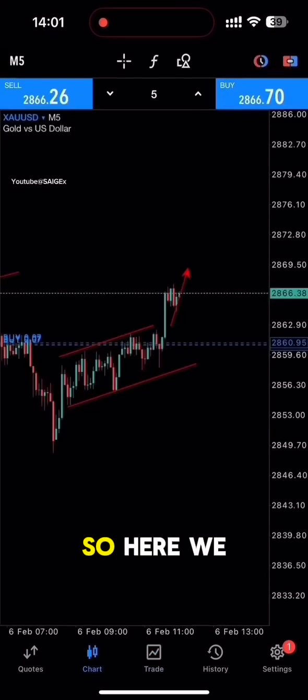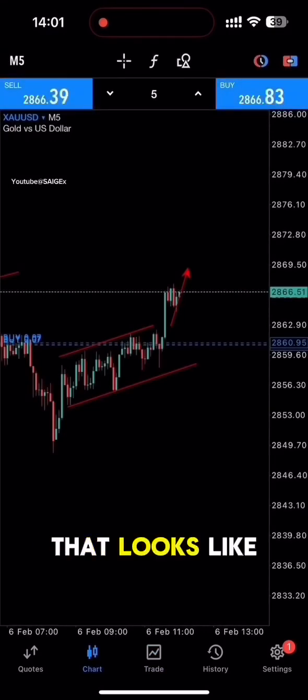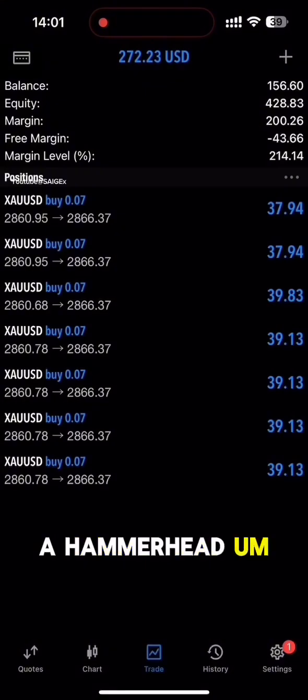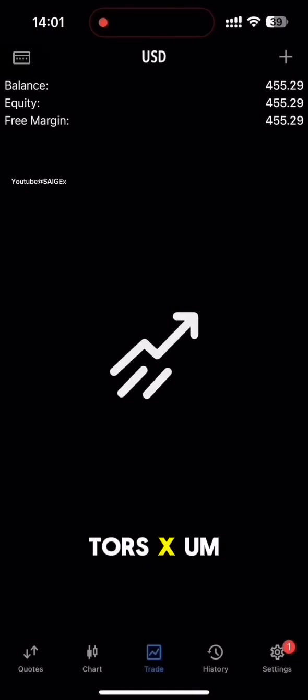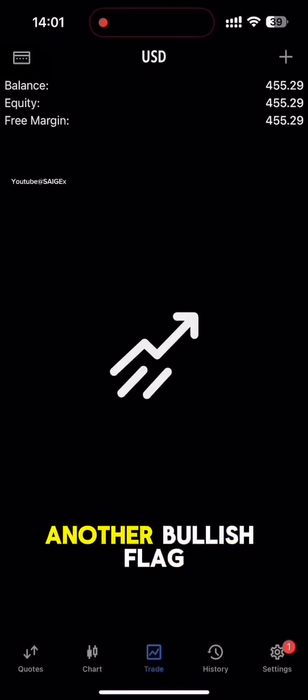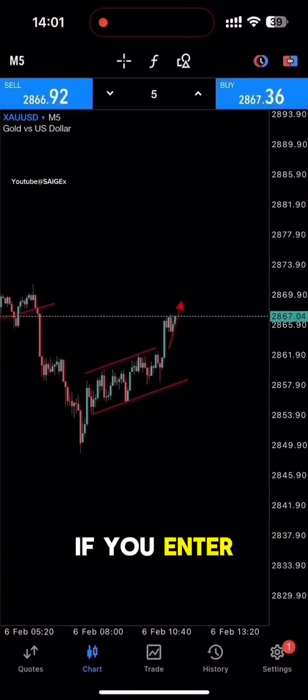So here we should close our profits, and if you see that top thing that looks like a hammerhead, that looks like an X, like Thor's X, it's another bullish flag again. If you enter another buy, you'd be profitable.